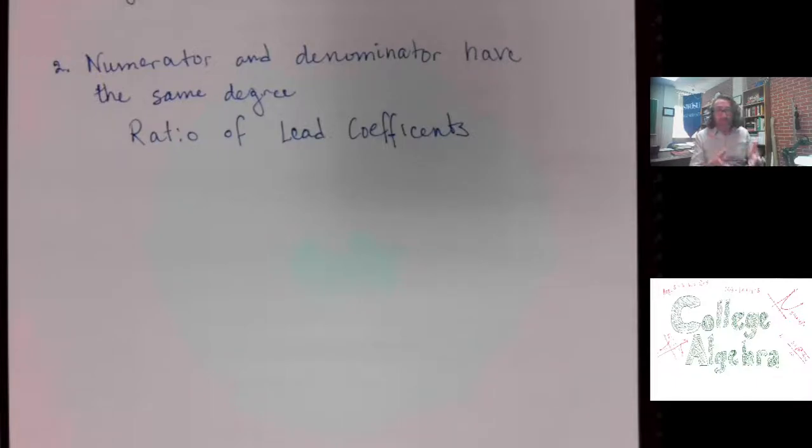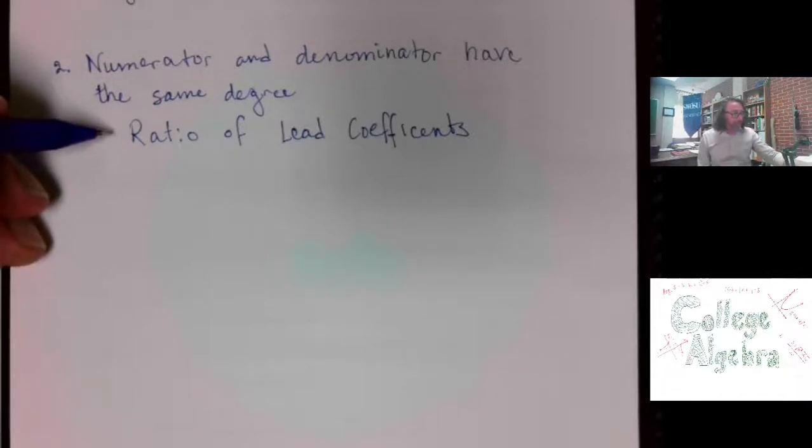And the degree of a polynomial is the highest power that appears in the expanded version of the polynomial. So in the case we have right now, we have 2x squared over x squared minus x minus 6. So the top is degree 2, the bottom is also degree 2.